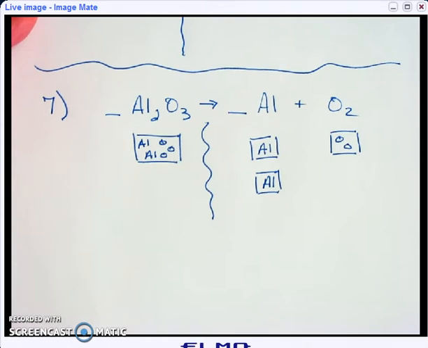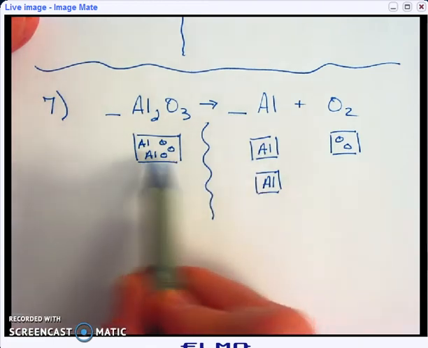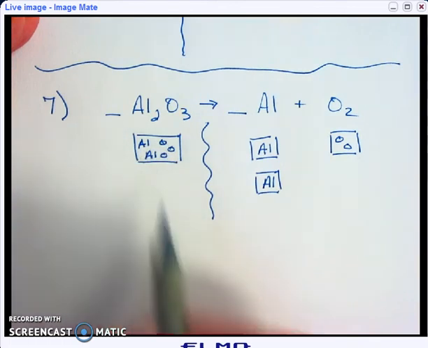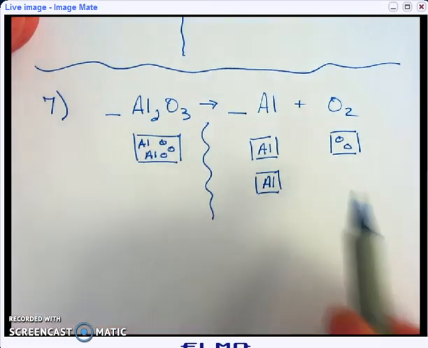Lauren, what do you want me to do next? Okay, where and how? Which side does it not have enough? Okay, the left side doesn't have enough, right? Oh, I'm sorry, the right side.